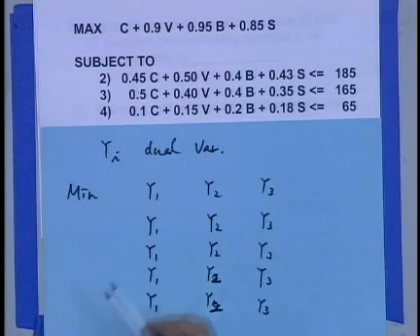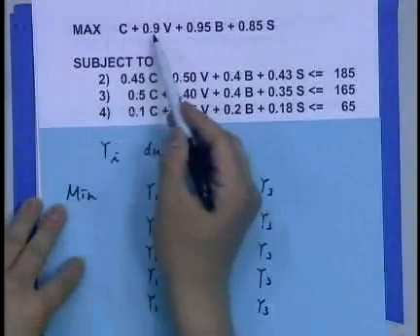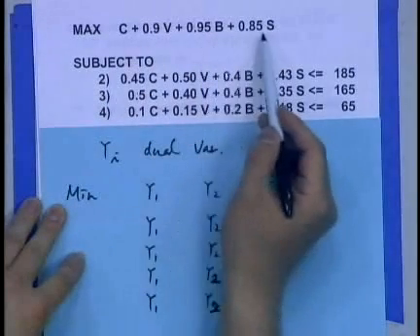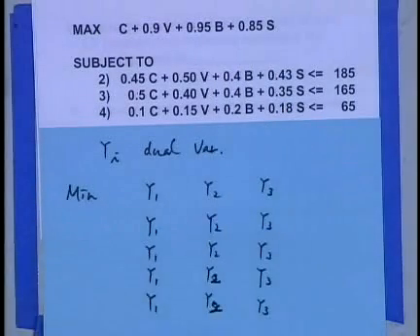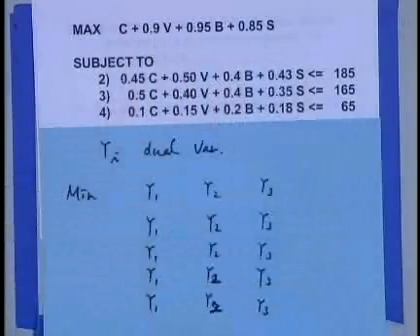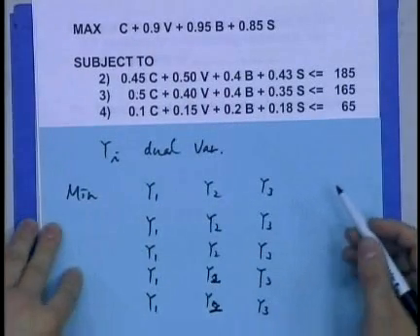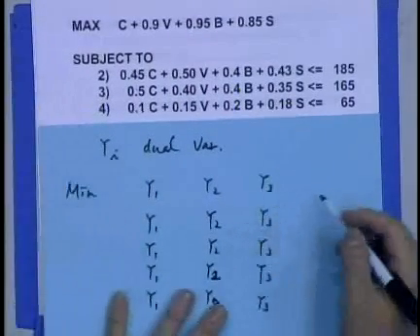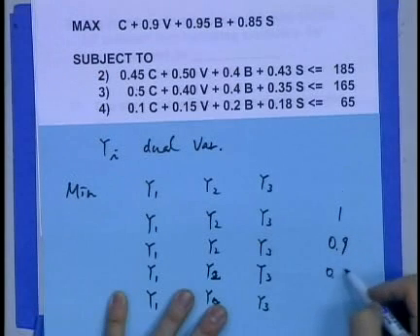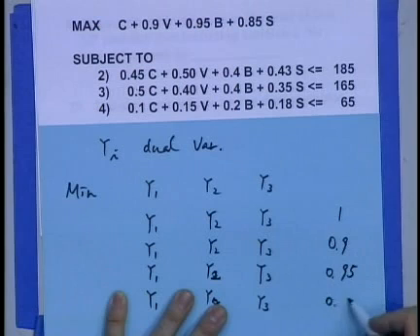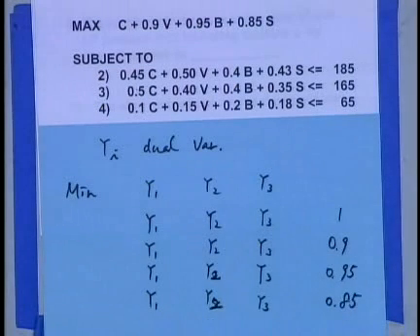And the objective coefficients are 1, 0.9, 0.95, 0.85. So the transpose of this vector becomes the right-hand side value of the dual problem, right? So it's going to be 1, 0.9, 0.95, 0.85, right?